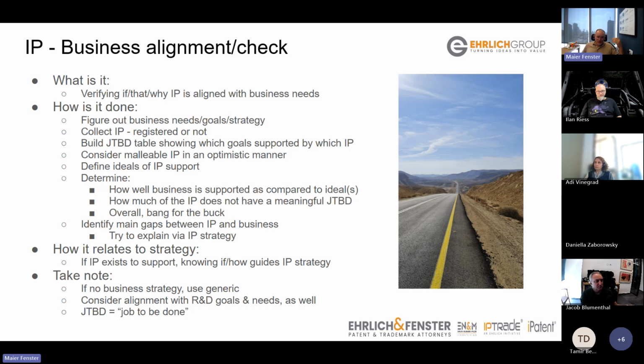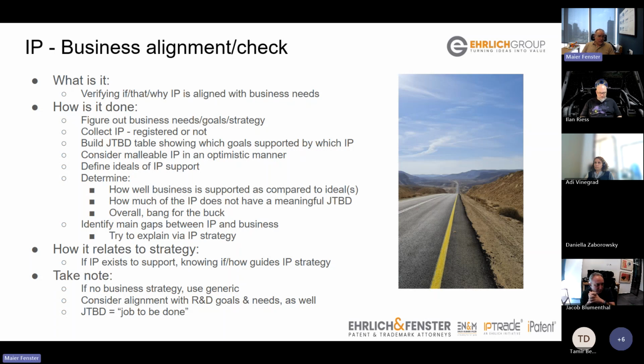If you remember the very beginning, I said that the IP strategy is supposed to support the business strategy, so you need to know what the business strategy is. Well, does your IP support your business strategy? A very important activity. And to the extent that it doesn't, it leads you to define changes.